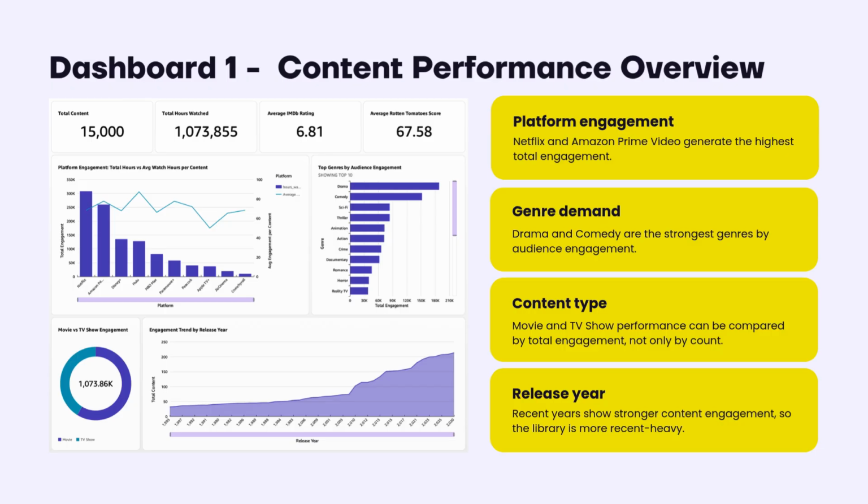For genre demand, drama and comedy are the strongest, driven by audience engagement. The movie versus TV show chart will compare content format based on total engagement, not only by count. Lastly, the release year chart shows that the content library is more concentrated in recent releases. Overall, dashboard one shows what is already performing well across platform, genre, content type, and release years.